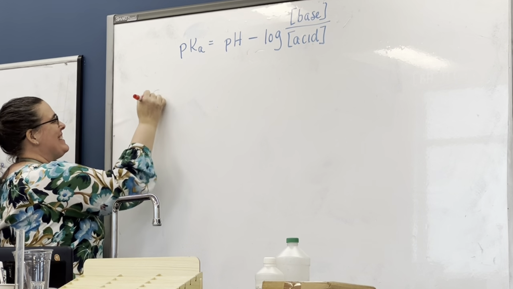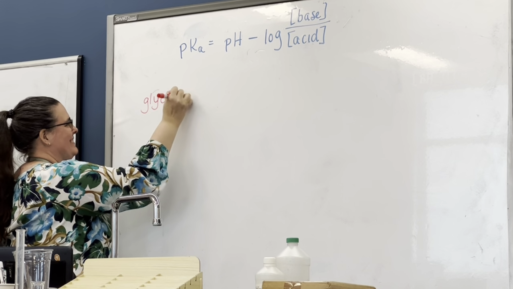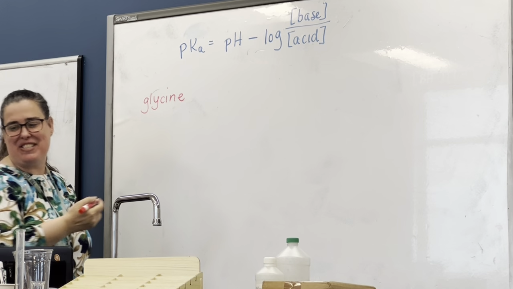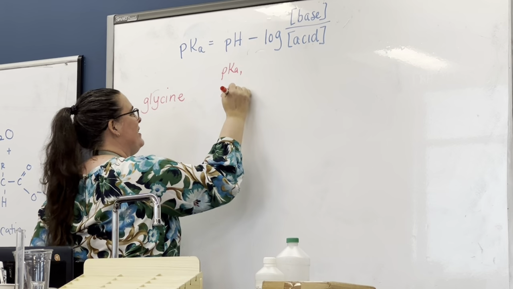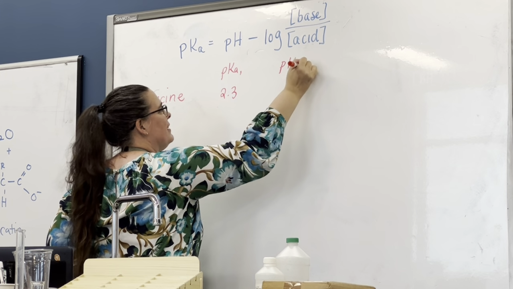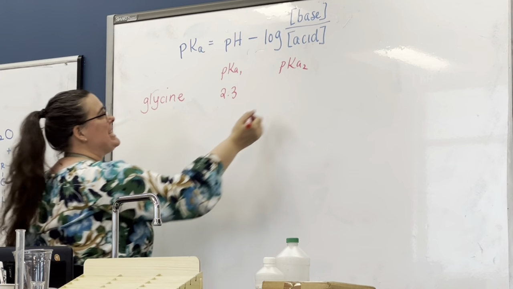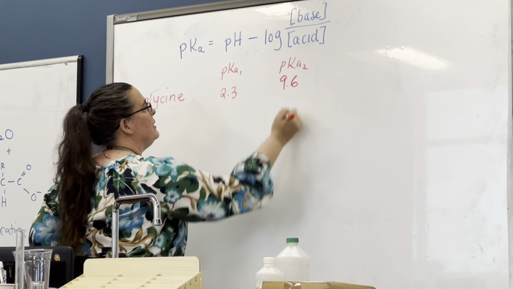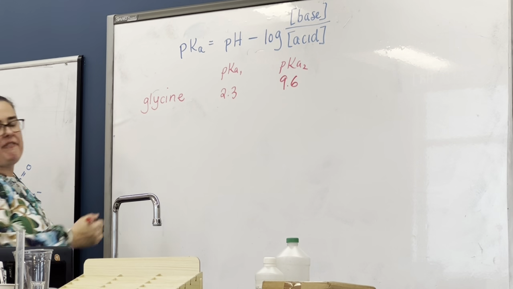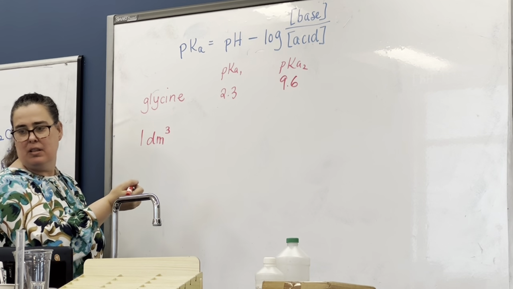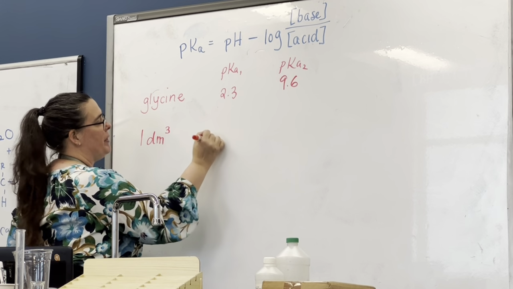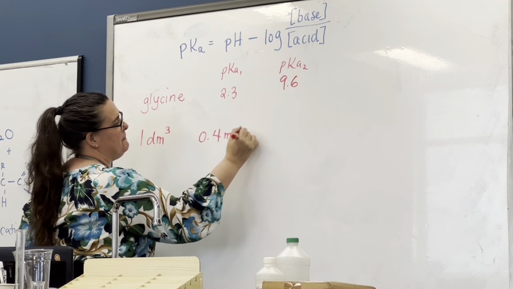So here's glycine. Glycine also has 2 pKa's. One is at 2.3. The other is at 9.6. I have a 1 decimeter cubed solution that contains 0.4 moles of the zwitterion.